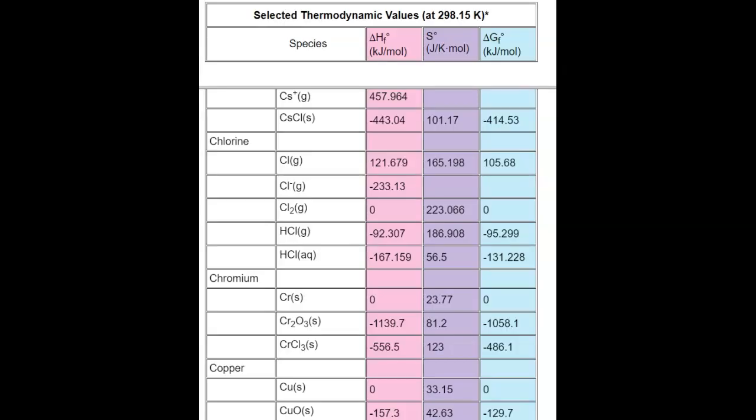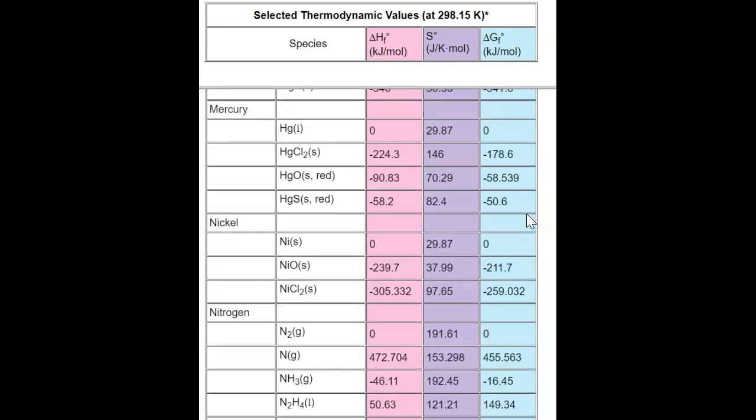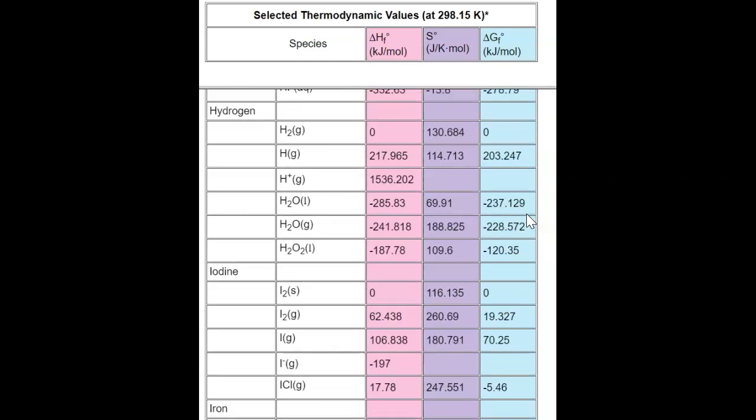Okay, I hope you paused yours to see if you could find it yourself. But as we discussed earlier, chlorine gas in its natural state is a diatomic, so it does have a delta H of 0. And then hydrogen, same way, it's a diatomic, 0.